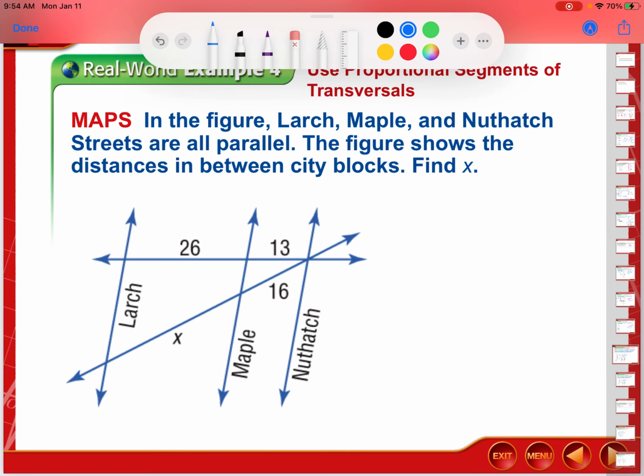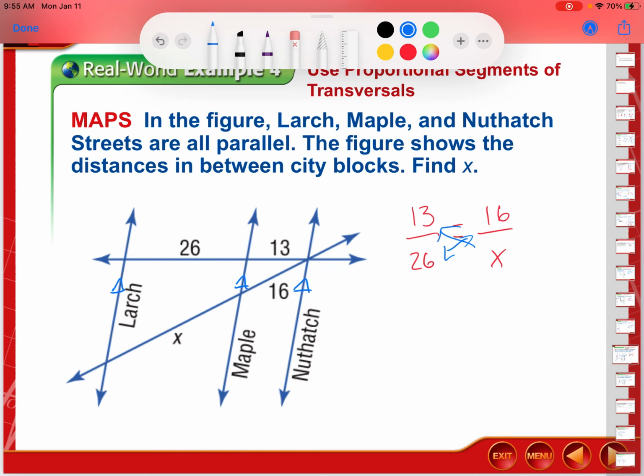So they say in the figure, Larch, Maple, and Nuthatch streets are all parallel. So these are all parallel to each other. And then they want us to find x. So that's lovely. They've given us everything we need. We know 13 over 26 is going to be proportional to 16 over x.